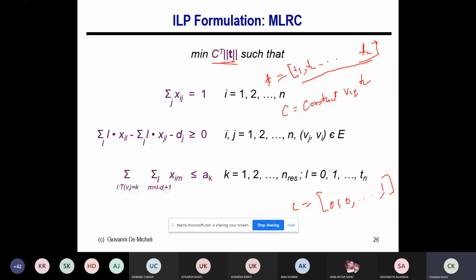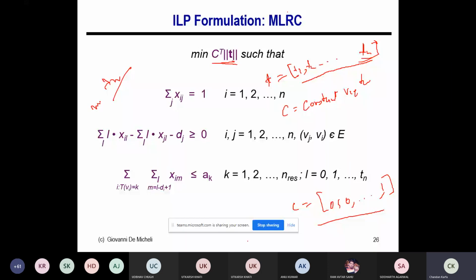So you are multiplying 0 with t1, so it will become 0, 0 with t2, it will be 0, right? Finally it is just tn. So if I consider this particular vector of c, my minimization function becomes minimization of tn, right?